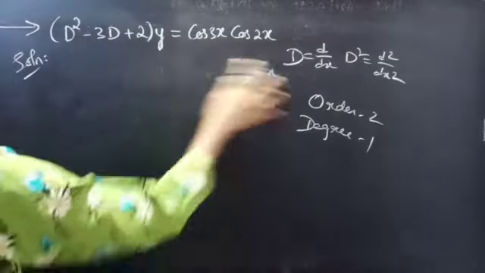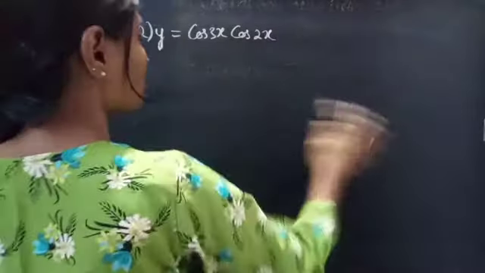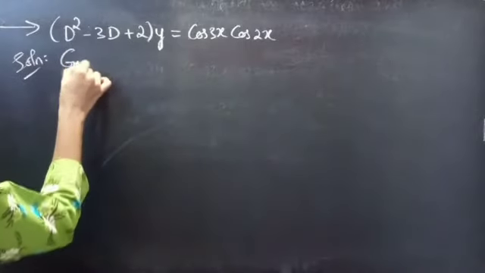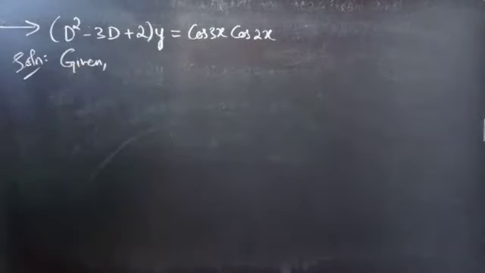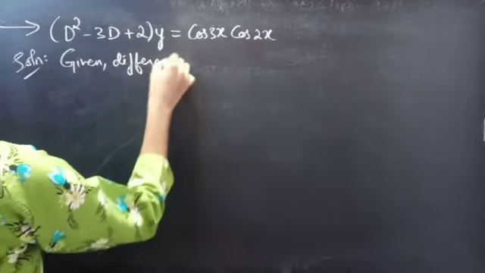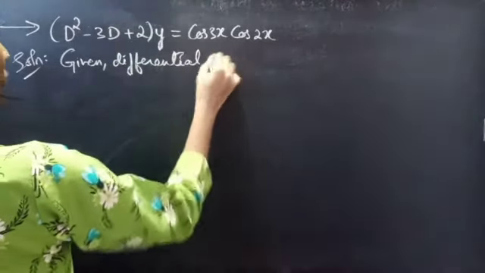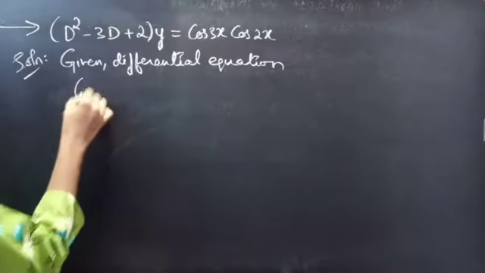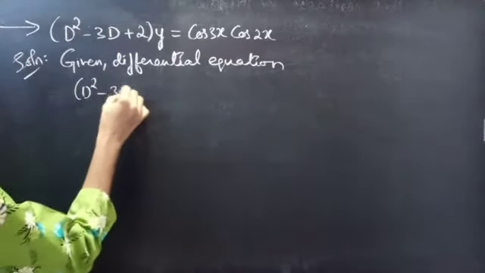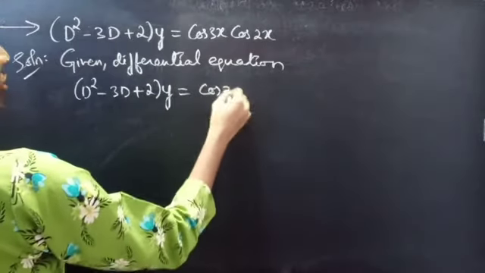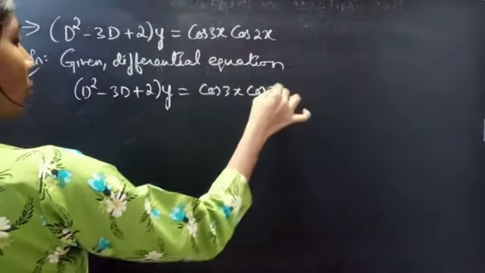Now coming to the problem. We are given a differential equation which is in operator form: (D² - 3D + 2)y = cos 3x cos 2x.